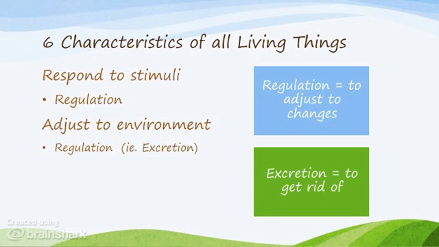Excretion is defined as to get rid of. This is a part of adjusting to one's environment. When your body consumes a lot of water or other materials, it is going to produce waste, which you then need to get rid of in order to maintain a constant environment in your body.